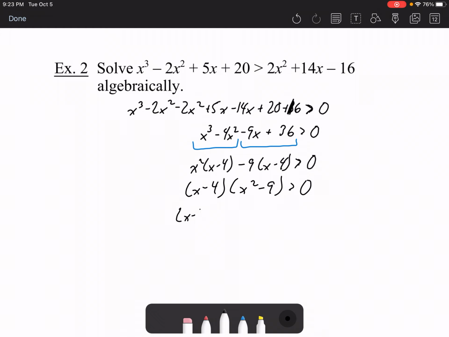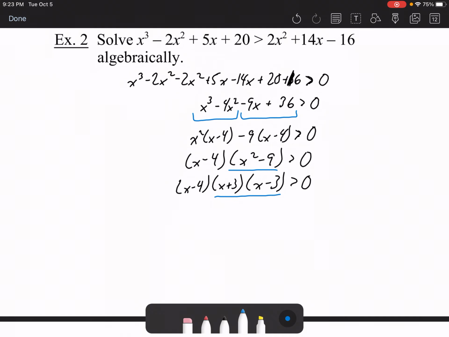and I'm left with x squared minus 9. Or, if I wish, x minus 4 times x plus 3 times x minus 3, which is greater than 0. Because, again, we can factor the x squared minus 9 into x plus 3 and x minus 3 by difference of squares.